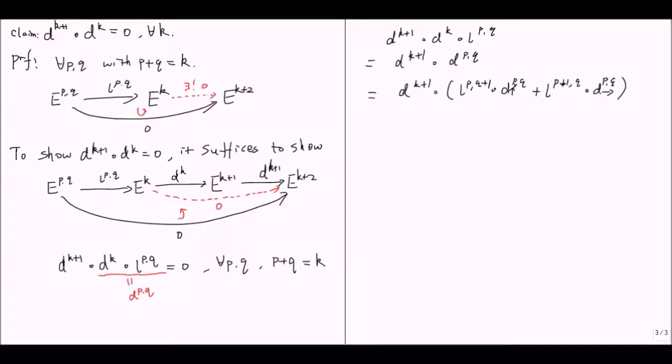And here again, we can combine d^{k+1} with iota_{p,q+1}, as well as d^{k+1} and iota_{p+1,q}, and we get d_{p,q+1} composed with d_up_{pq} plus d_{p+1,q} composed with d_right_{pq}.